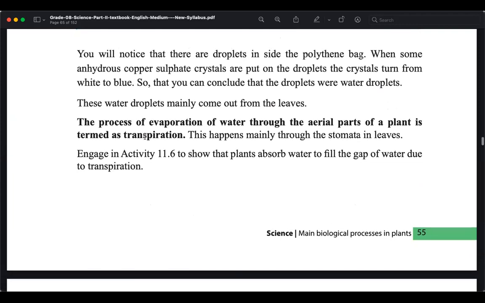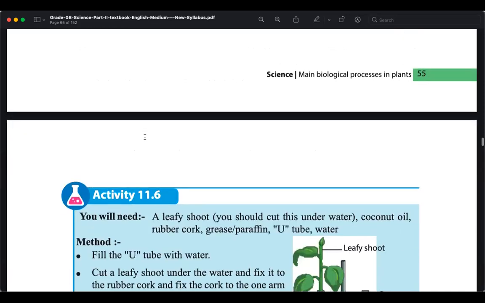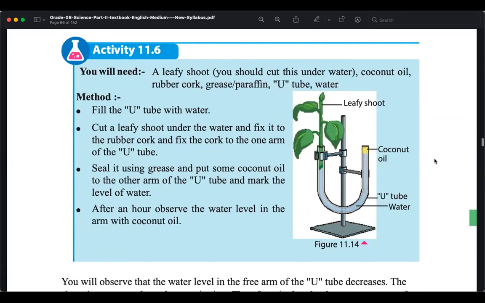Transpiration, I think you know it, right, because we have already discussed this previously. Using this U tube, not the YouTube that you watch videos on, we can do this. You can cut a part of a leaf with the stem and fix it to one side of the U, and then put water in.